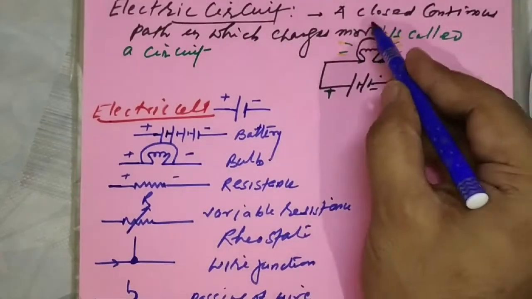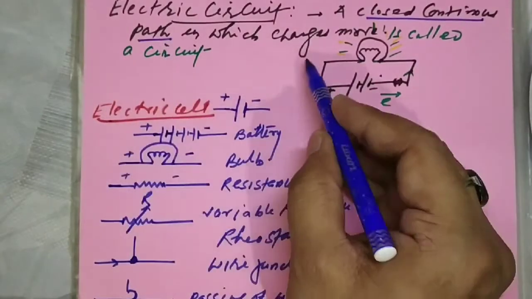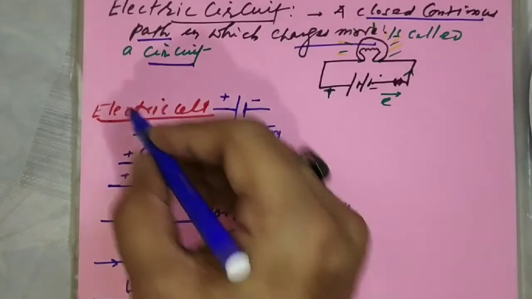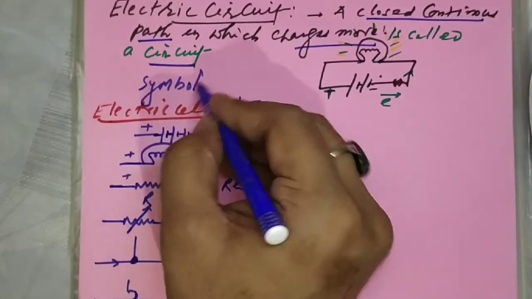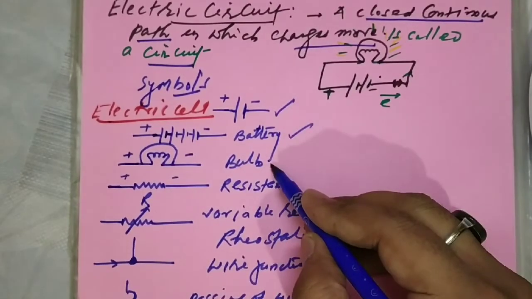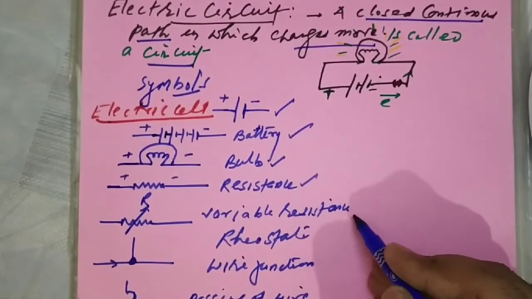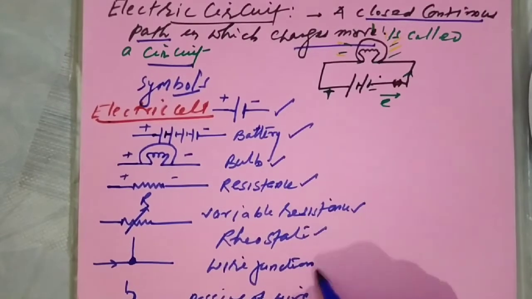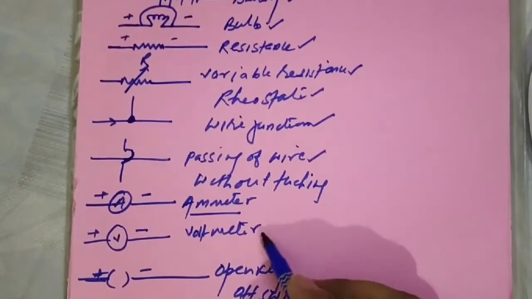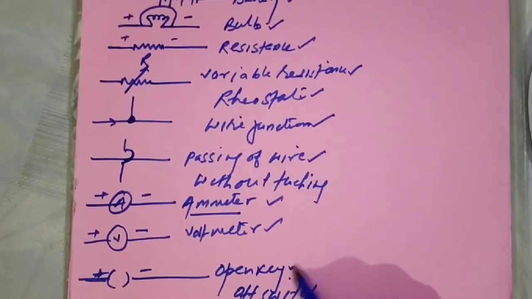Then we have electrical symbols: electric cell, battery, bulb, resistance or resistor, variable resistance or rheostat, wire junction, non-junctioning wire, ammeter, voltmeter, open key or off switch, closed key or on switch, and galvanometer.